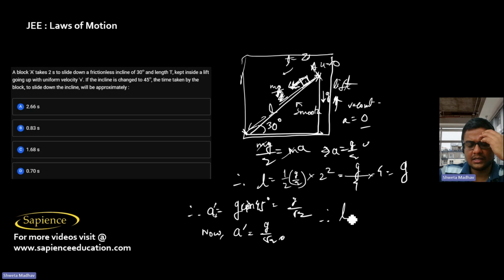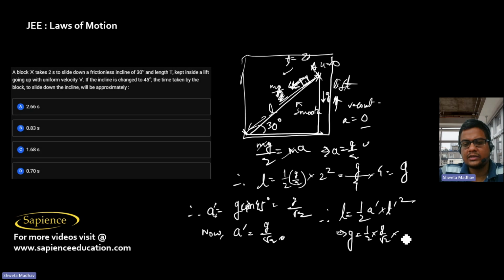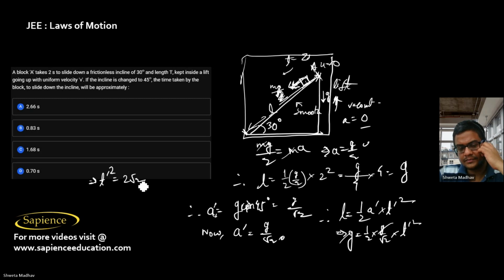So therefore, L will be equal to half a dash into t dash square. The new time interval we have to find out. So L equal to g, and half into a dash is g by root 2 into t dash square. So g and g will cancel. So therefore t dash square is coming equal to 2 root 2, which is equal to 2 into 1.414, that is 2.828.